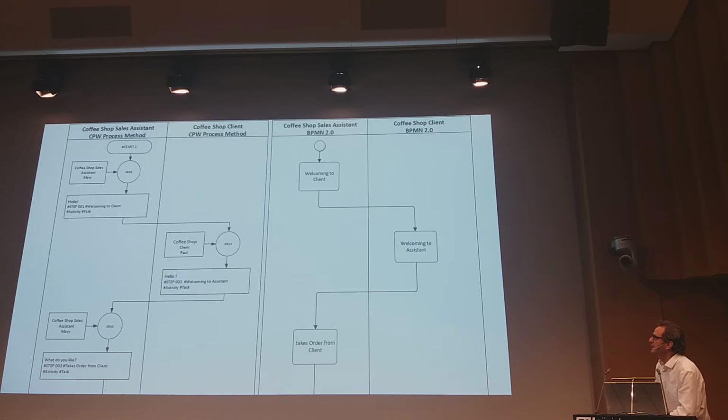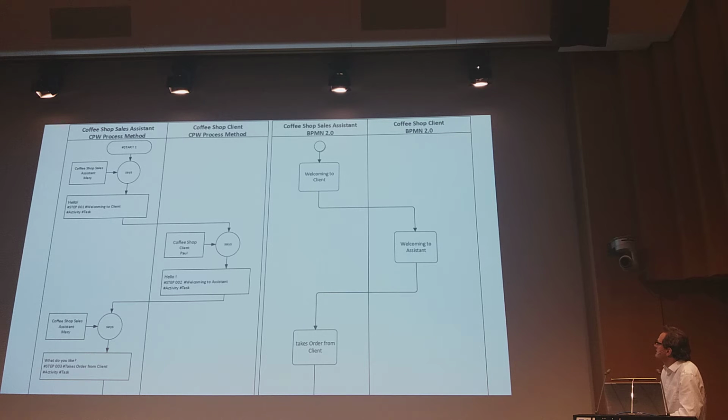So you have here now the 3 steps of the end-to-end process from the coffee shop order management. You have step 001, welcoming to client, where Mary says hello, and on the right side, welcoming to client. Then on the left side, in the next process step, you have coffee shop client Paul says hello. Then with step 002, the abstraction with an abstract function, which belongs to a logical layer, welcoming to assistant.